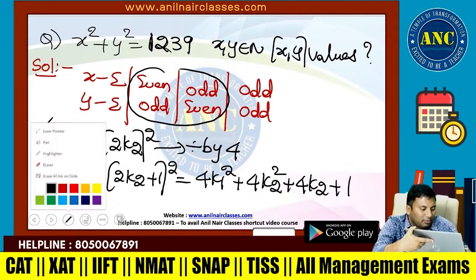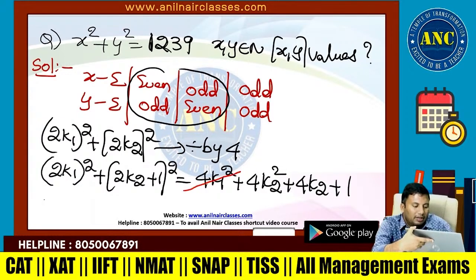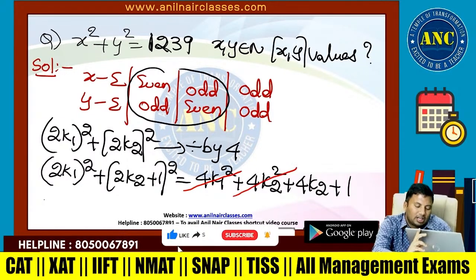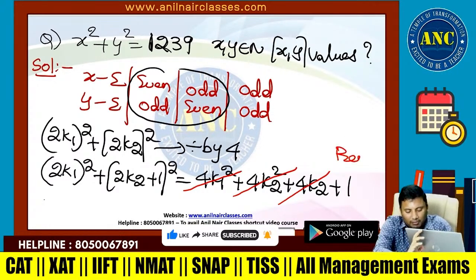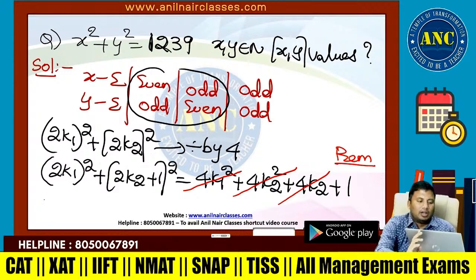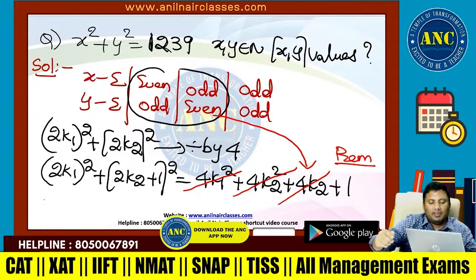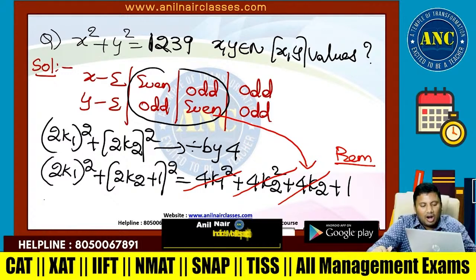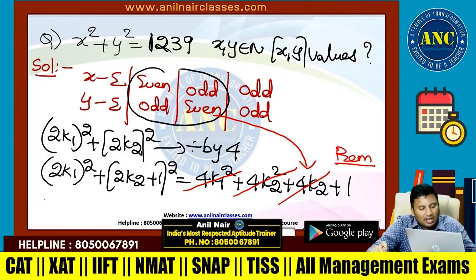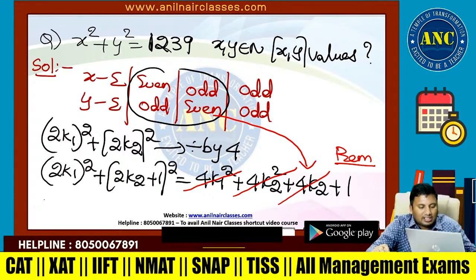So the sum is 4 times something plus 1. What is the remainder that you got? 1. This is the case where one is even and the other is odd.